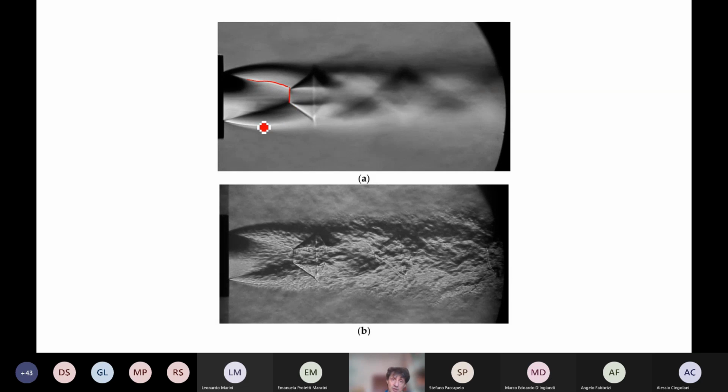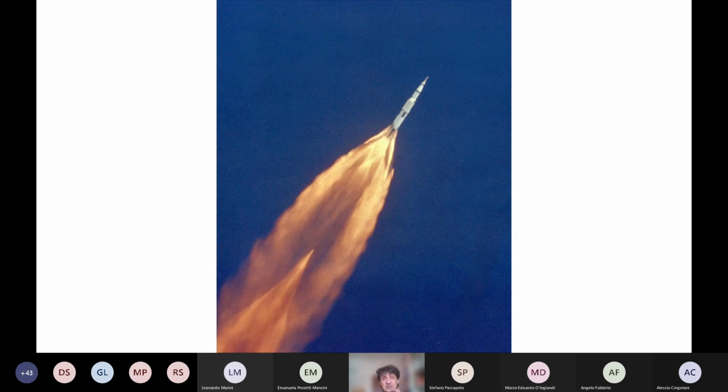You also see a Mach reflection here that can be easily identified. And this is the underexpanded jet around Saturn V. So you see this big plume, saying that we have reached, if not vacuum, a high enough altitude that the pressure is low, and so the jet becomes very wide.